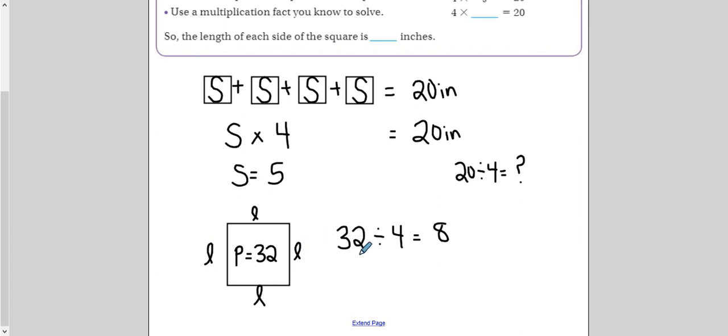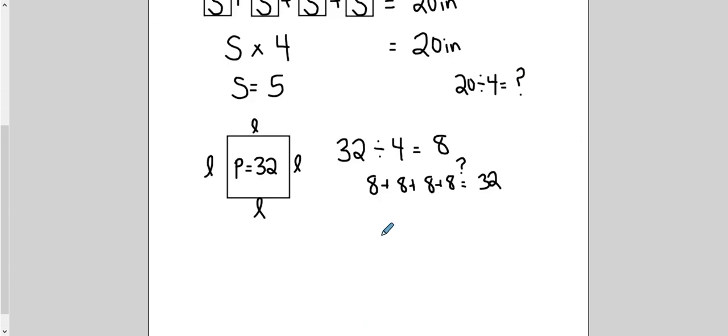Well, how do you know? Well, we can go ahead and add them up. 8 plus 8 plus 8 plus 8, and we are going to see, does that equal 32? I'm confident it is. 8 and 8 right here is 16, and this 8 and 8 right here is also 16.